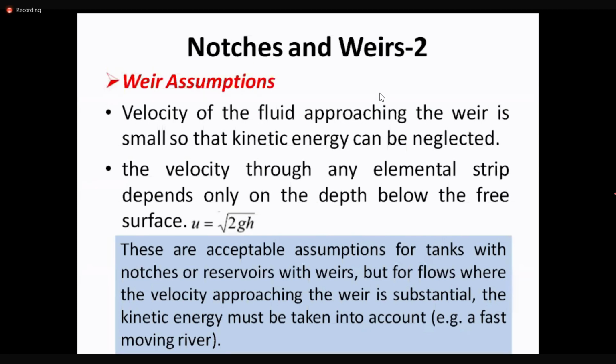Because the surface is open to the atmosphere, if you take a streamline through an elemental strip, we'll demonstrate shortly that U in each of the elemental strips is given by √2gh.